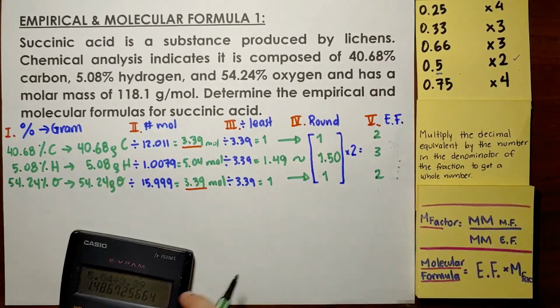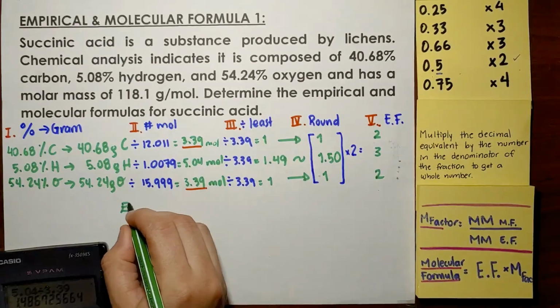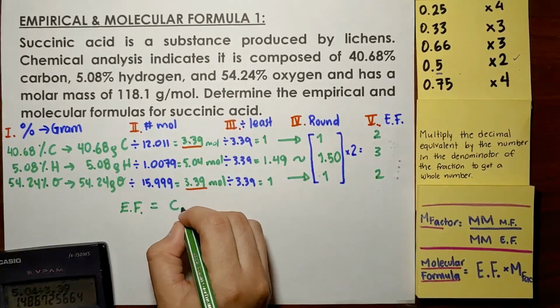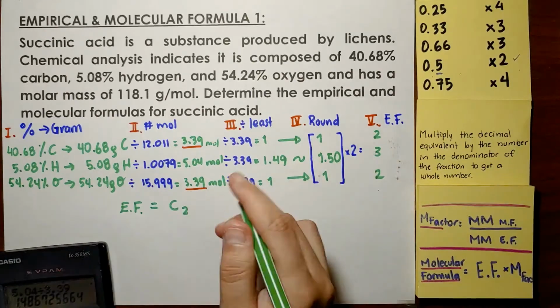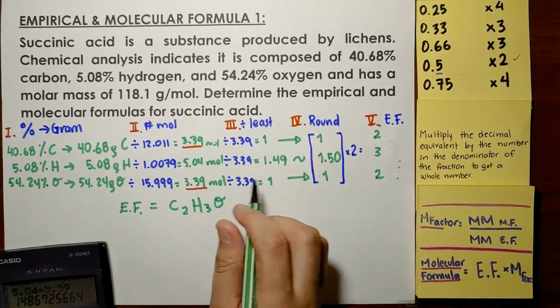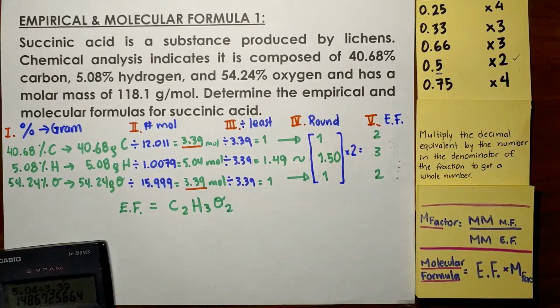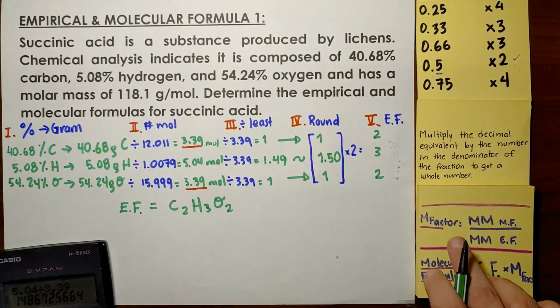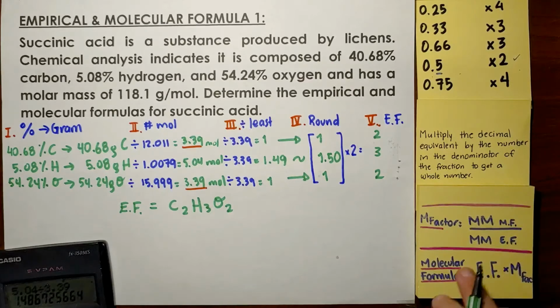So that means that my empirical formula actually is C2H3O2: 2 for carbon, 3 for hydrogen, and 2 for oxygen. Now, this is the empirical formula. This is a process that you already know so far. Now, for applying the new formulas, you need to get the molar mass of the empirical formula. The molar mass of the molecular formula is given, but you need to get this one.